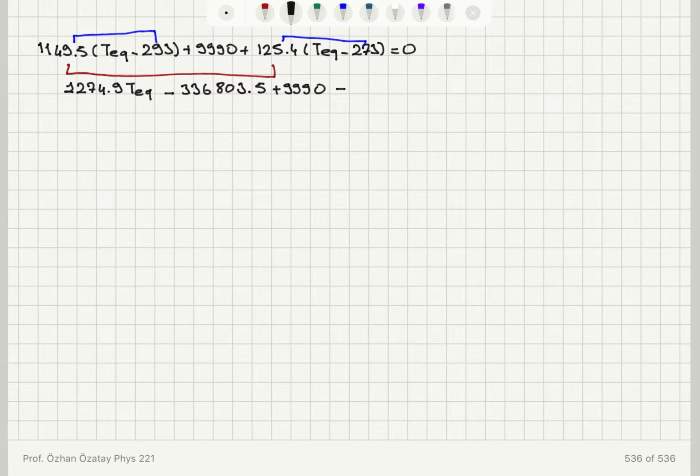The second negative term is 34,234.2. This has to be equal to 0. And if you solve for T equilibrium from this equation, using your calculator, T equilibrium is 283.2 Kelvin or 10.2 degrees Celsius.